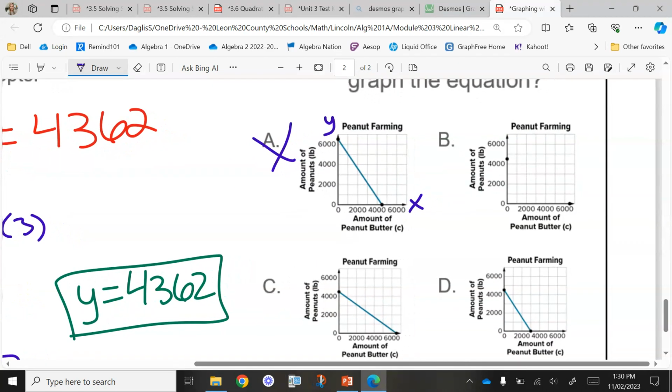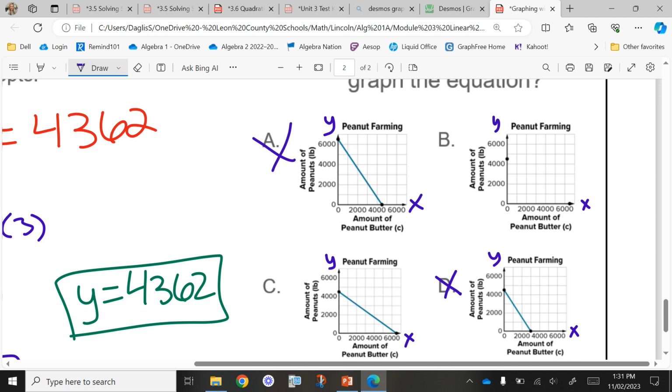Yes. There is a point a little bit over 6,000 for my x and a point a little bit over 4,000 for my y. So far that one's okay. C, a little bit over 6,000 for my x. Yes. A little over 4,000 for my y. Yes, that one's fine. D, is that a little bit over 6,000 for my x? No. D is out.